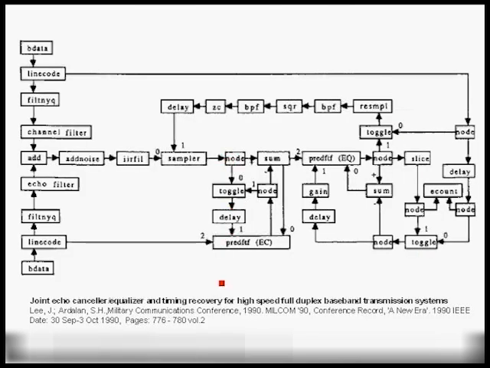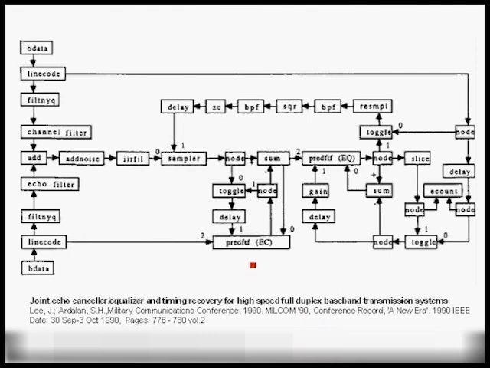As an example of the very complex communication systems that can be modeled successfully and simulated in Capsim, consider the results of this paper, the joint echo cancellation equalization and timing recovery for a high-speed full duplex baseband transmission system that was presented by Jaejun Lee and myself, Ardalan, in the Milcom conference 1990.